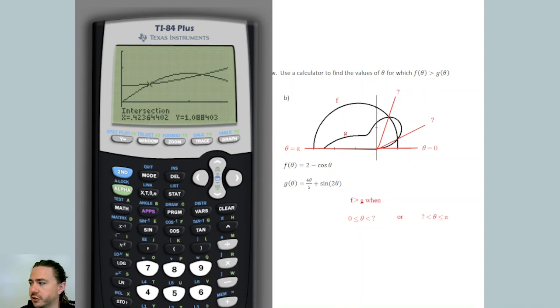So this first intersection is happening at approximately, what's going on here? I don't know what happened there. Theta is approximately 0.424.